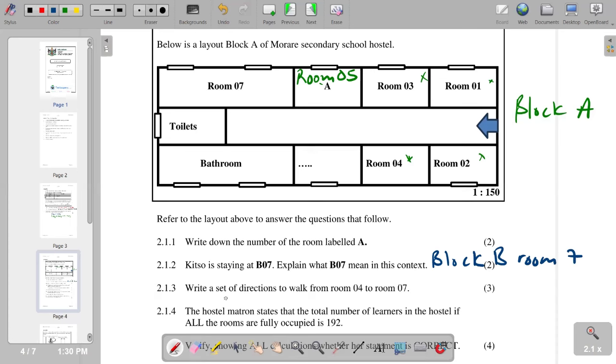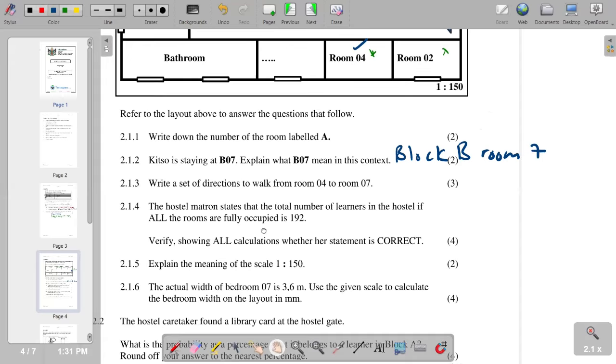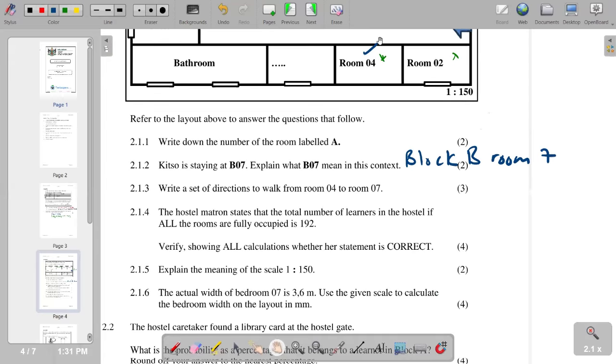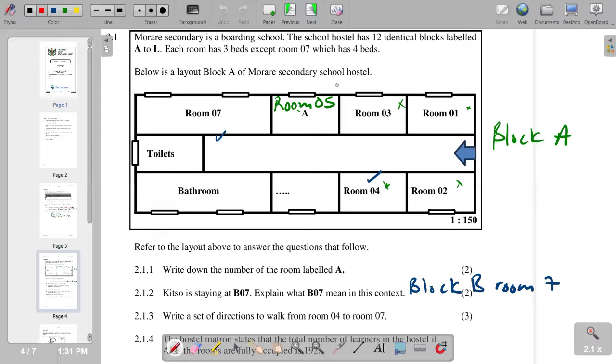So 2.1.3, write a set of directions to walk from 04 to room 07. So 04, we are having it on this part, and then the 07, we are having on this part. The set of directions in terms of walking: coming out of room 4, you have to turn left, and then you walk.